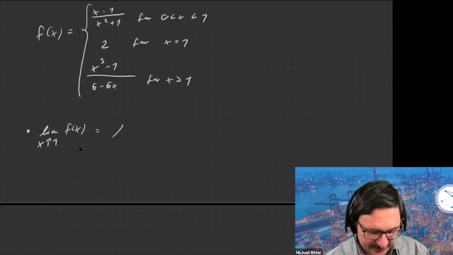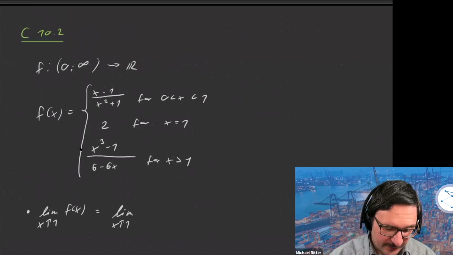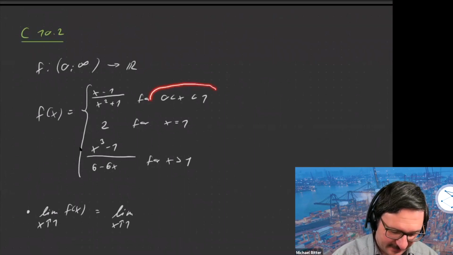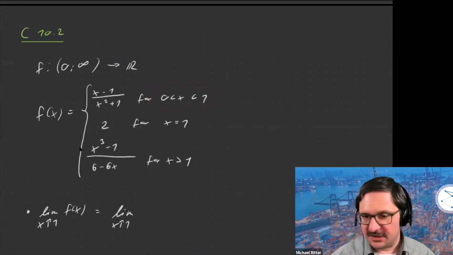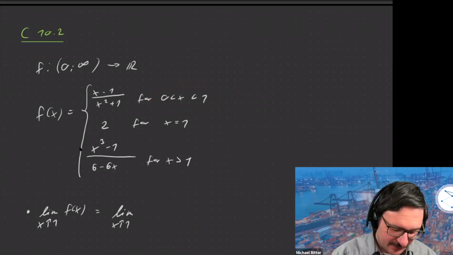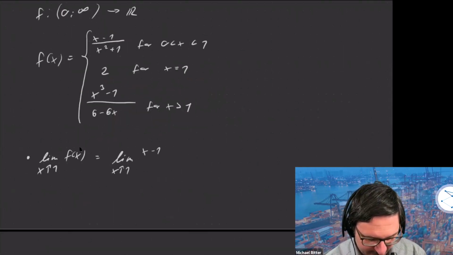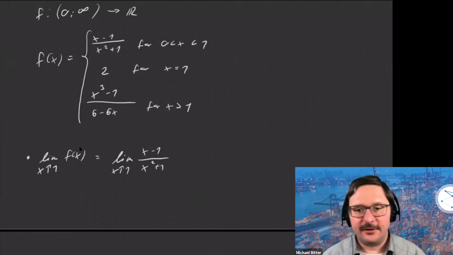So what does that mean for the limit? Well, as long as x is less than 1, we will be in that case here. So all the rest does not really matter for this limit. And that means the definition that we should use is this one here. So we want to compute the limit of x minus 1 over x squared plus 1 for x tending to 1 from below.